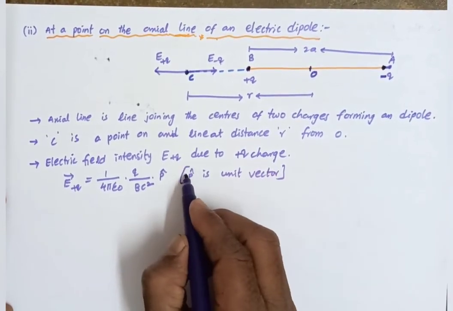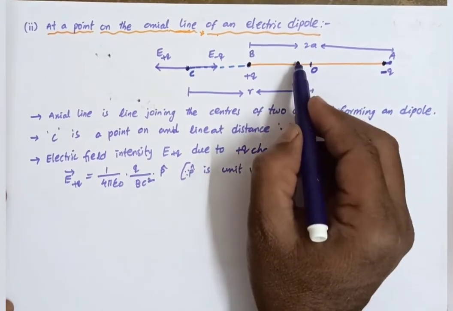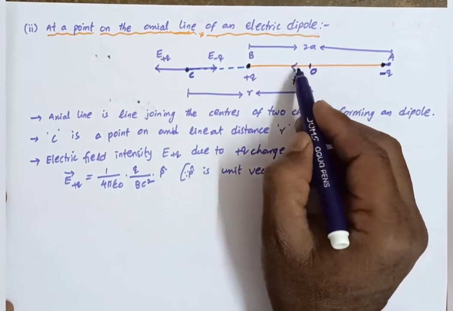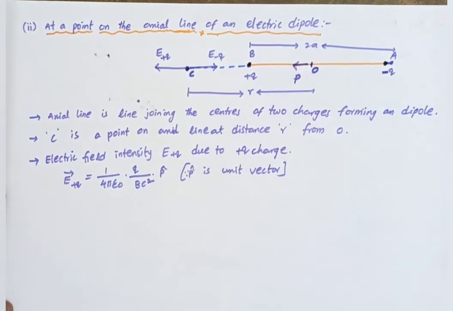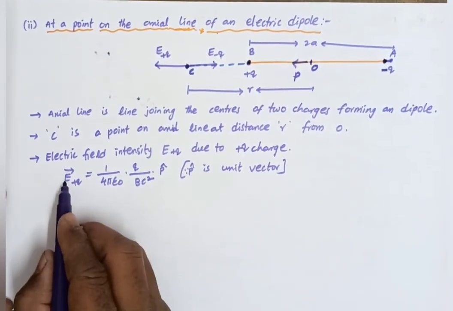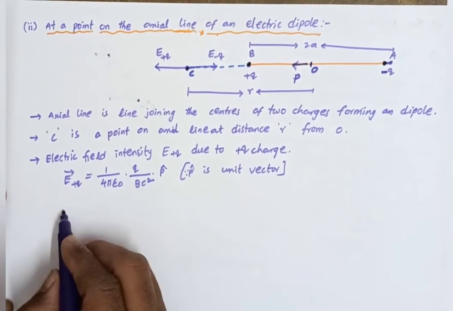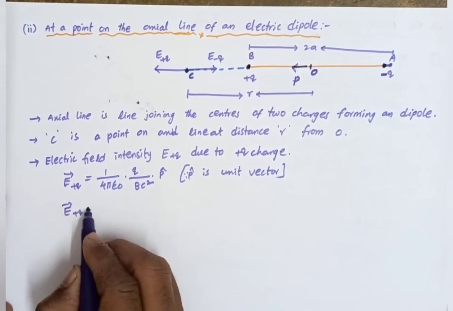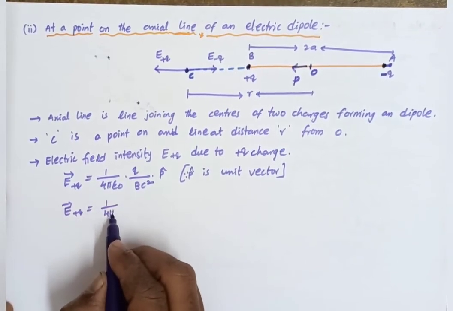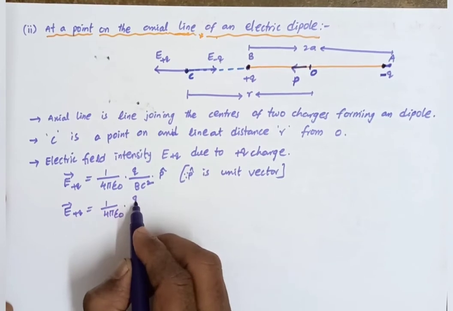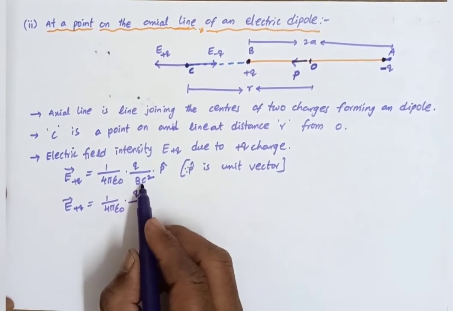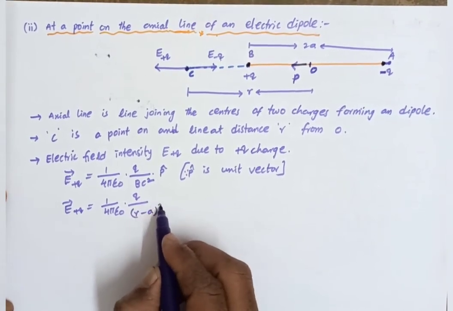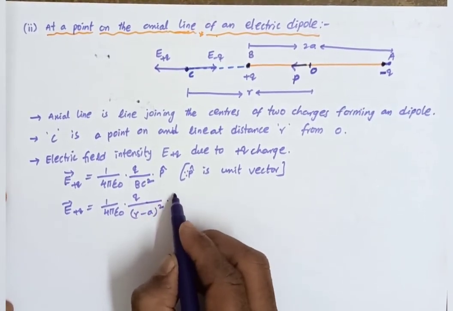Okay, P cap is the unit vector here. This is P, in this direction. Now, the field at C due to the plus Q charge: E bar plus Q equals 1 by 4 pi epsilon naught into Q by BC square, which is R minus A whole square, into P cap.